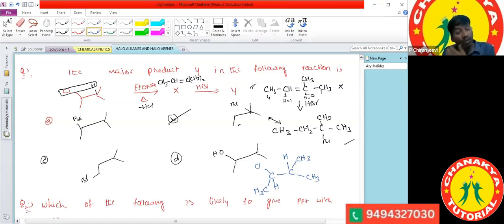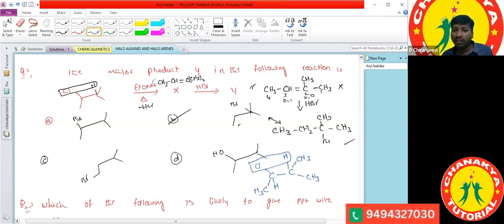So sodium ethoxide, if it is heated, undergoes elimination. Which elimination? Beta elimination reaction. So we are going to remove the chlorine and hydrogen. Dehydrohalogenation. If you remove the hydrogen and chlorine, it forms a double bond between the carbon and carbon. After writing the double bond, we'll get the structure like this.